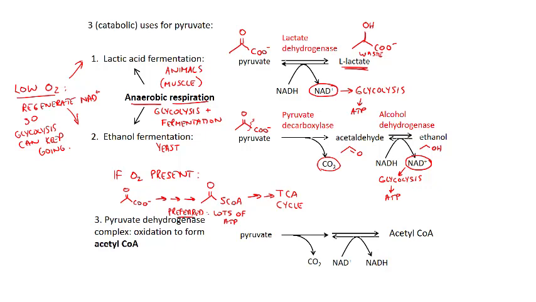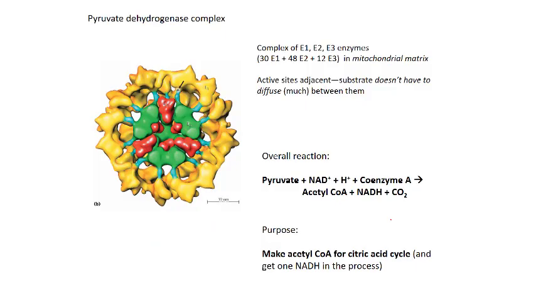So this whole process of going from pyruvate to acetyl coenzyme A is a little mini pathway known as pyruvate dehydrogenase. Pyruvate dehydrogenase is a complex of reactions that oxidizes pyruvate to give us acetyl coenzyme A and some other byproducts as well. So let's take a closer look at pyruvate dehydrogenase. All right, pyruvate dehydrogenase. Whenever you see this word dehydrogenase, you should be thinking oxidation.